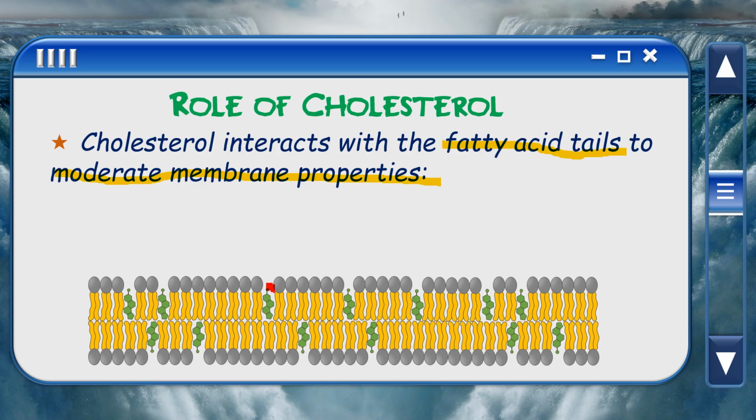So here we can see this is our cholesterol. It is interacting with the fatty acid tails. You can see it is located inside the fatty acid tails, and being located in that area, it modulates the properties of the membrane.